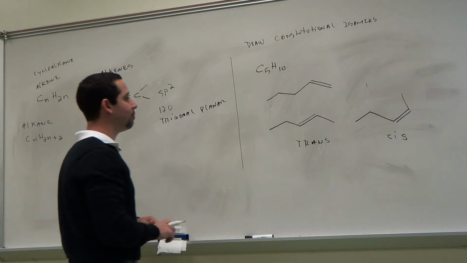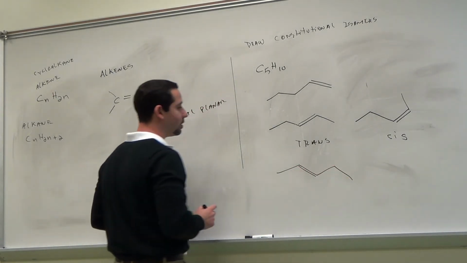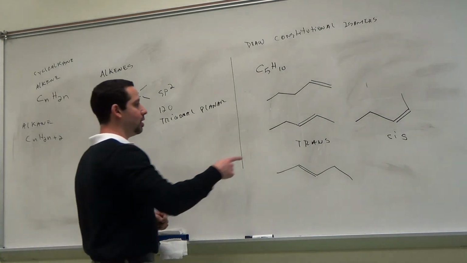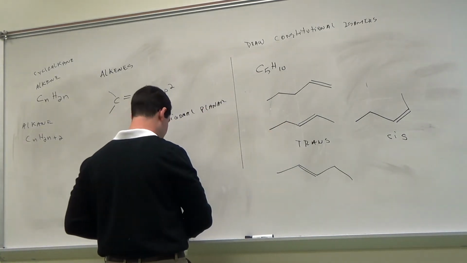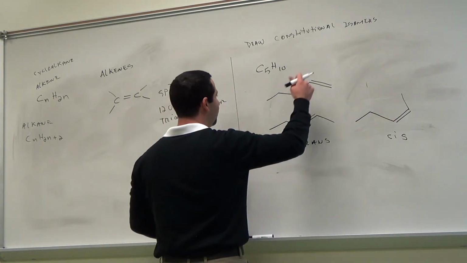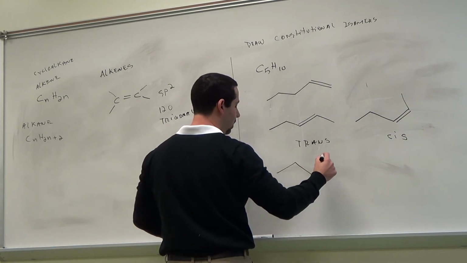What else can we draw? If I draw this again, and I put this double bond there, is that a new one? No. This is not a new one. This is one like that. So what we can do now is, instead of having 1, 2, 3, 4, and 5, I am going to have 1, 2, 3, and 4.